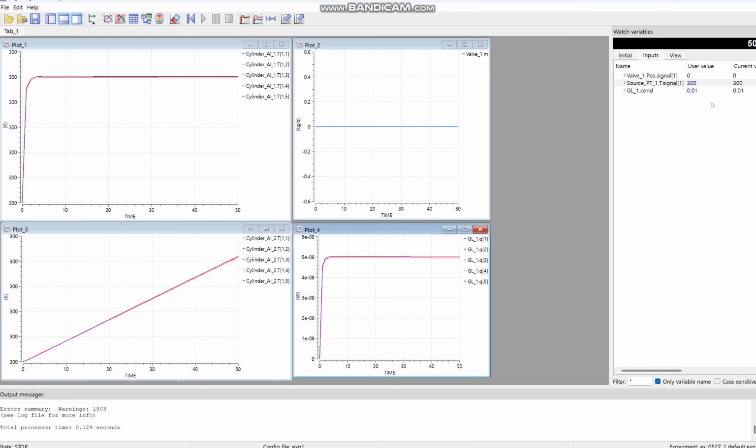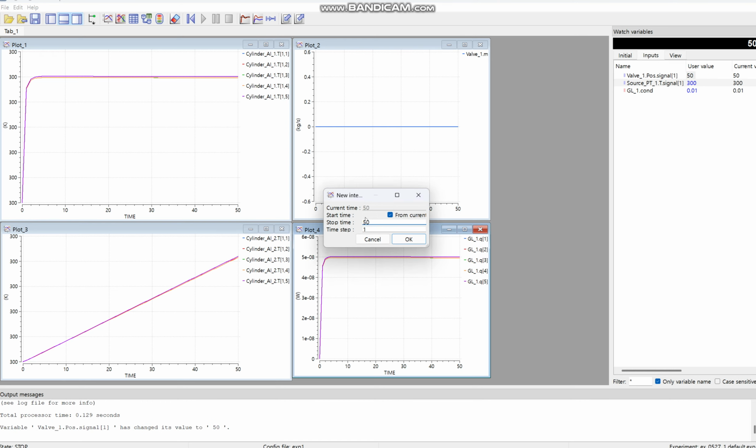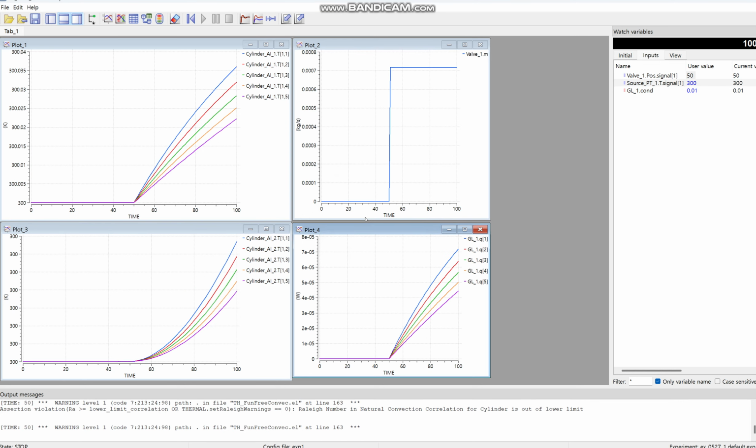Okay, so let's open the valve to about 50% position. Through the valve, there is 0.0007 kilogram per second of helium flow.